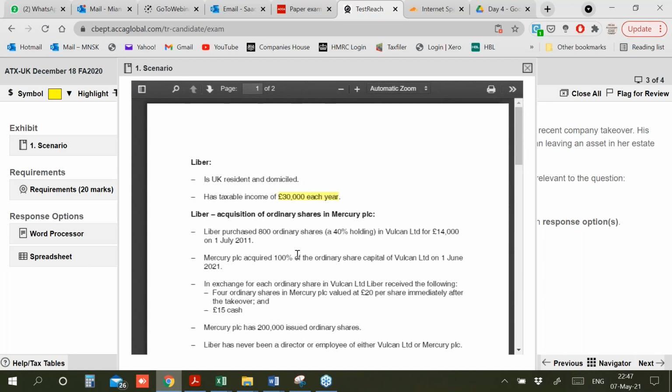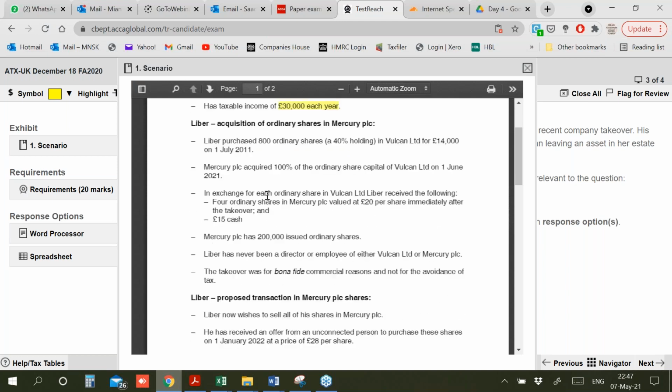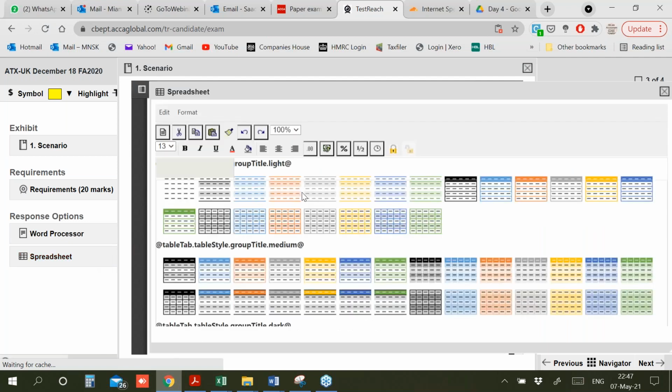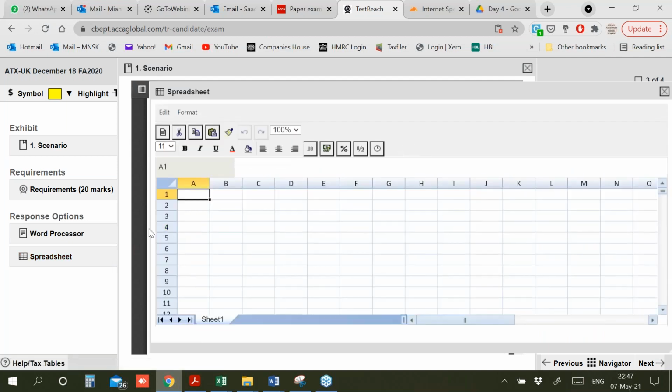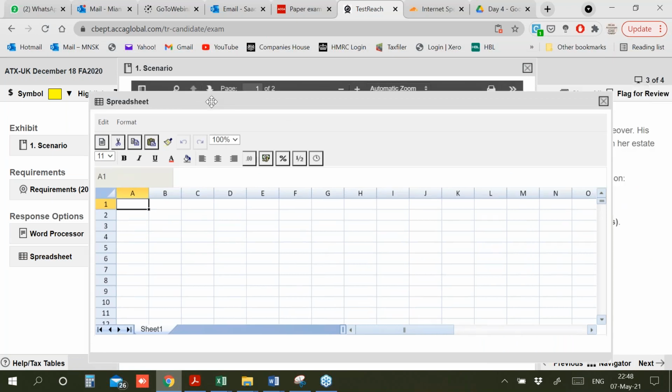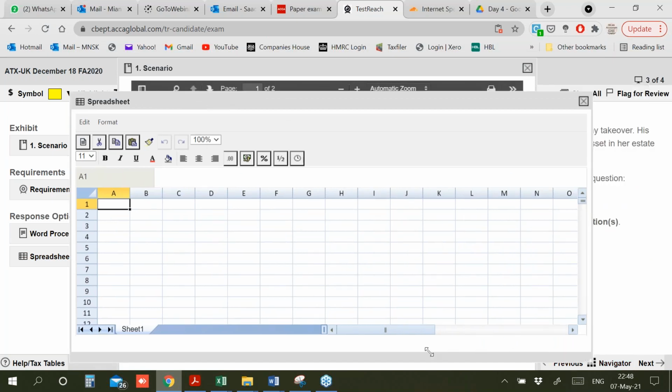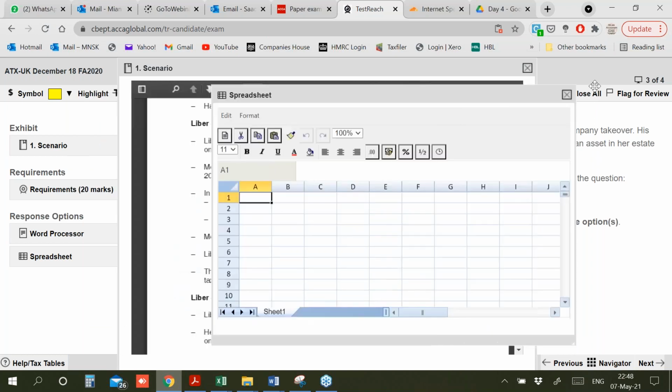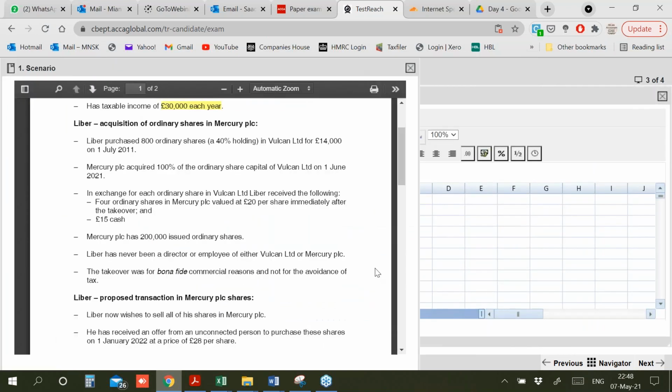Firstly, let's go back and do the calculations for the takeover. For that, I will open the spreadsheet and open the questions, both side by side. Now, for takeovers, you always follow a two-column approach.